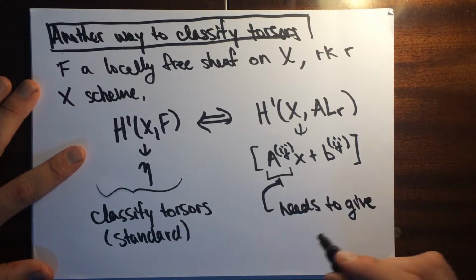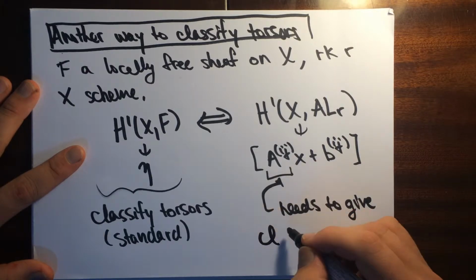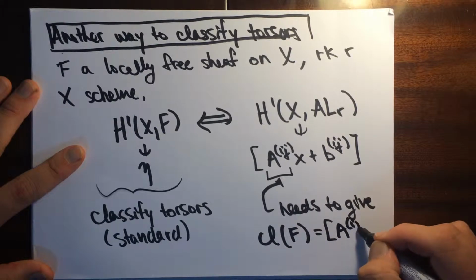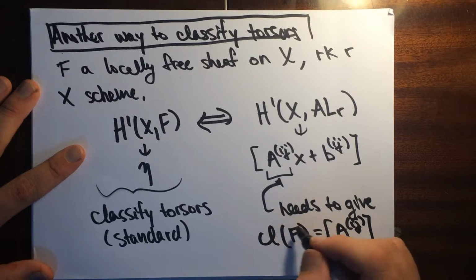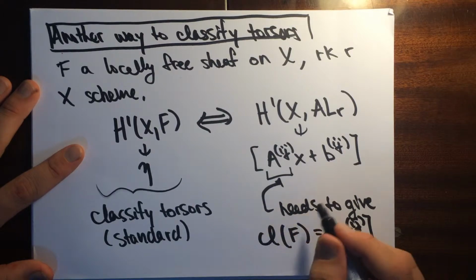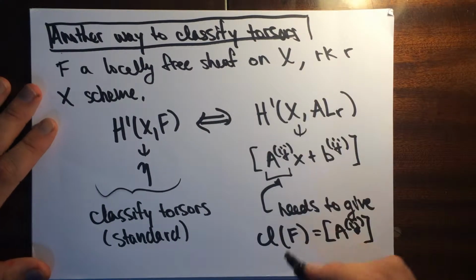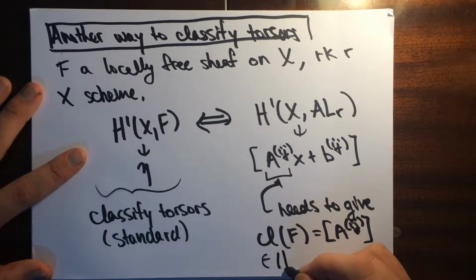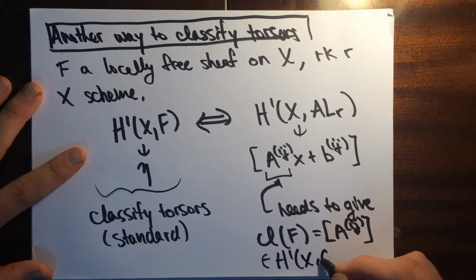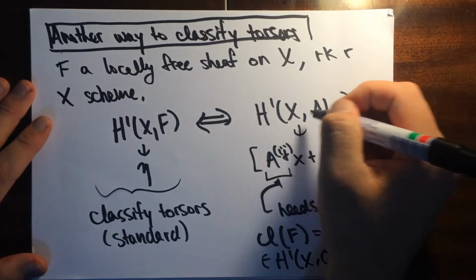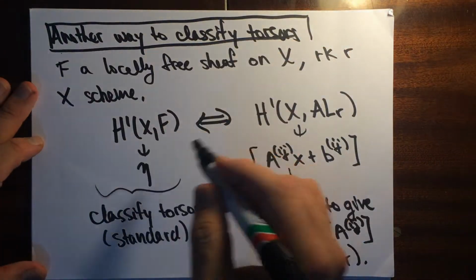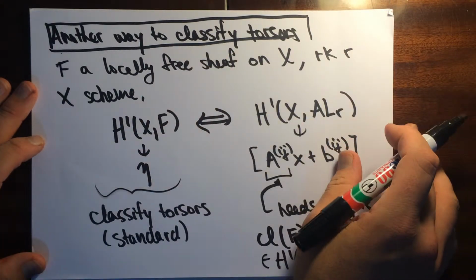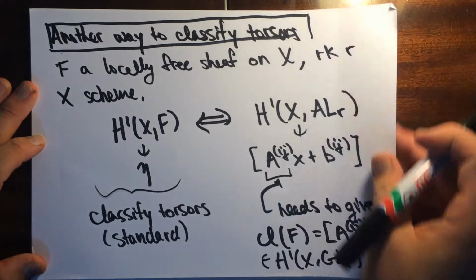This is the cohomology class that classifies the vector bundle, and it lives in H1 of X, GLR. Okay, so this is what I want to get at. I want to talk about the classification of torsors in here.